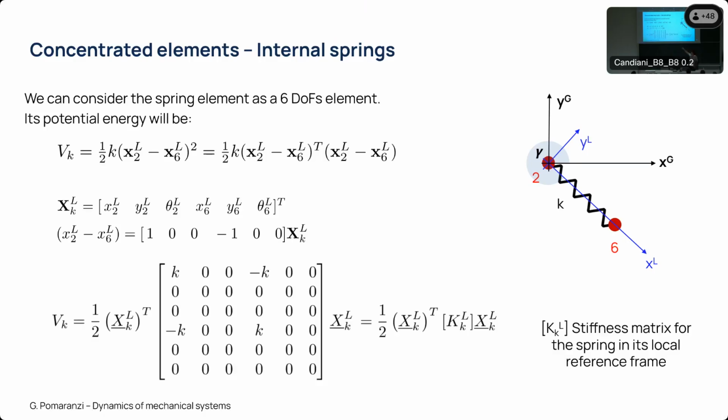We know that it will be a 6 by 6 matrix, which will be very sparse, because the only contribution to the potential energy of a spring will be a relative displacement of the 2 extremities in its longitudinal direction, because any lateral movement will not affect the potential energy of that element, if, of course, the displacements are very small. So we can create a 6 by 6 matrix which allows us to write the potential energy in local coordinates.